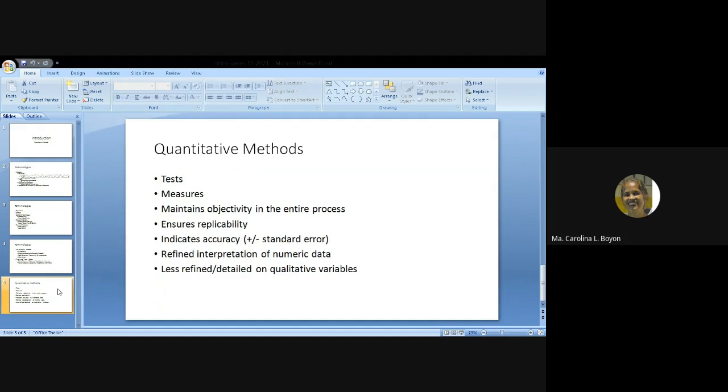Okay, why do we have to ensure that we adopt a valid protocol, research protocol for any research?